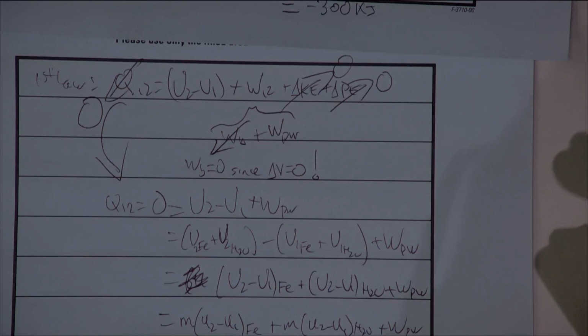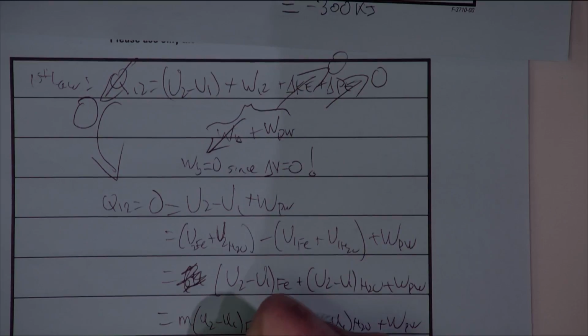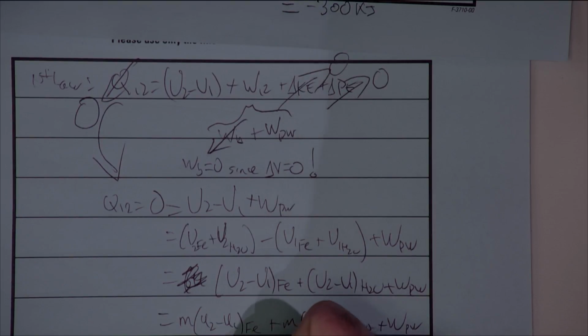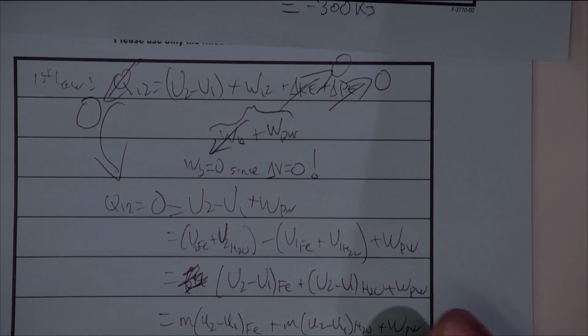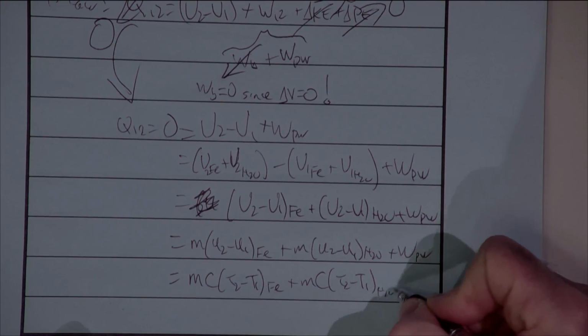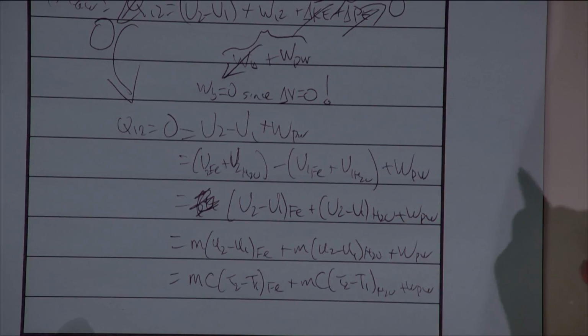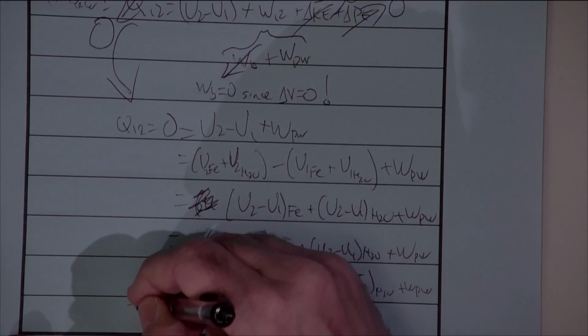And since we're specifically talking about problems involving heat capacity, why don't we now replace the internal energy change by heat capacity times temperature change? All right, so we have mass times heat capacity times T2 minus T1 for the iron, and then plus mass times heat capacity times temperature change for the water, and then plus the paddle wheel work. This all equals 0. This is the first law. This is what we're trying to solve for.